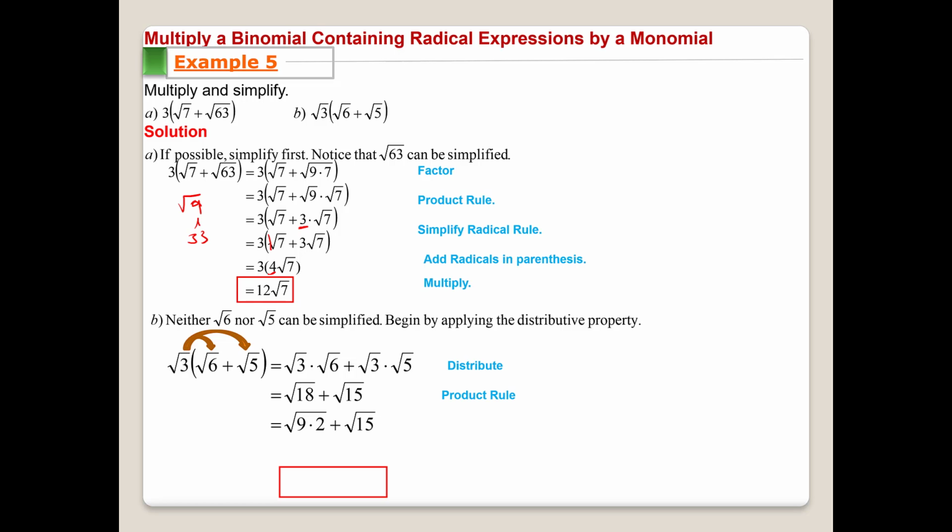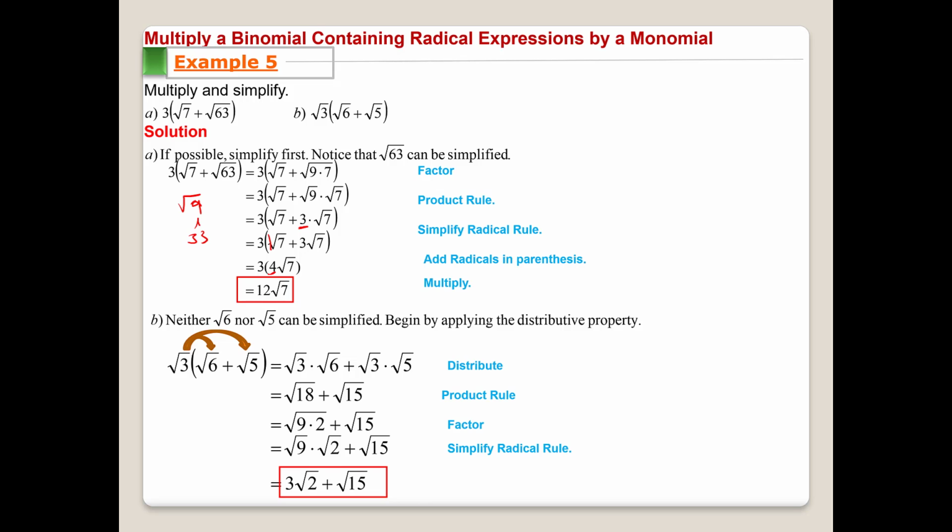Well, we can simplify that down a little bit here, it looks like, because 18 can be broken using the product rule of 9 times 2. So therefore, that 9, as we did above, should give us a 3 after we broke that down.